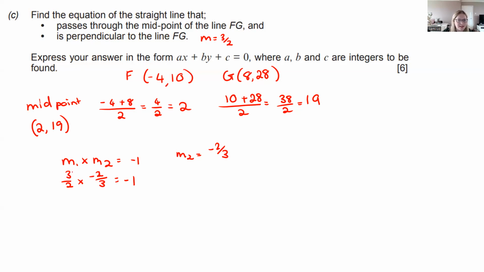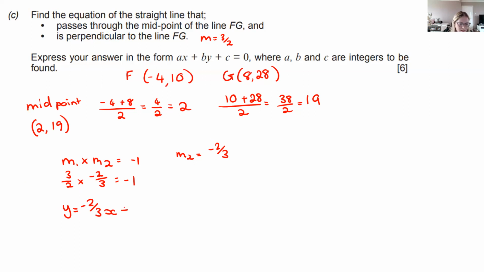Now I need to get my equation. So to do my equation, I'm going to put it into y equals mx plus c. There are other versions you can use. You can do the y take away y value and so on, but I just find this is easier. That's the reason why I use it. Essentially, they're the same thing.